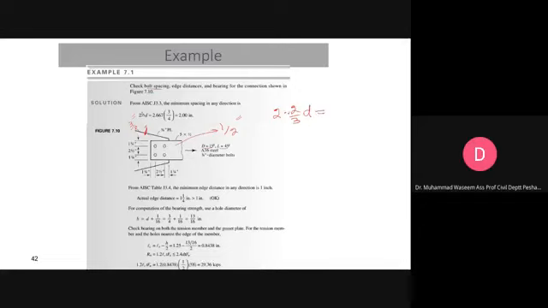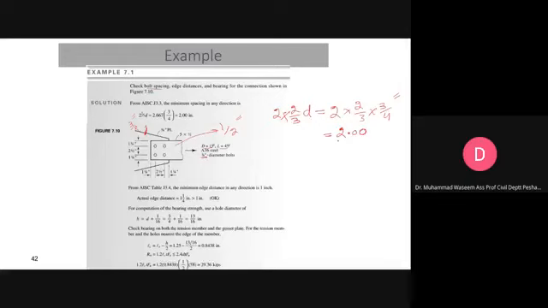Now what is the diameter of the bolt? The diameter of the bolt is 3 by 4 inches. If you have a calculator, can you kindly calculate this value? This is 2 inches.